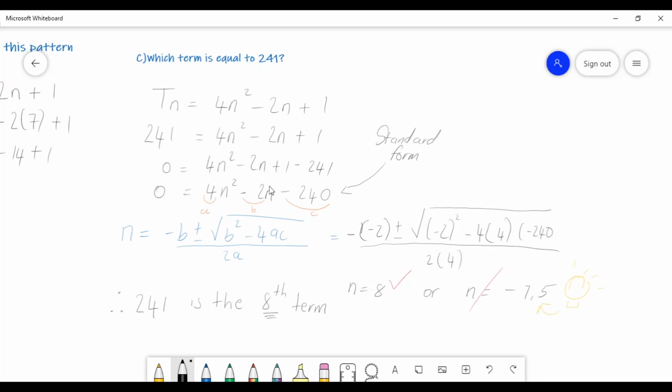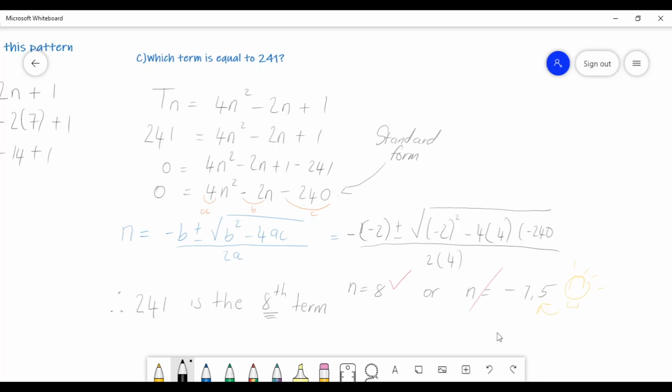You can use the quadratic formula, or you can use the method of inspection to find the factors of 240 that add or subtract to give us -2, or that multiply together to give -240. But if you don't want to complicate your life like that, you can just use the quadratic formula, because it makes life so much easier. By using the quadratic formula, we found two values for n, which is n is equal to 8 and n is equal to -7.5.